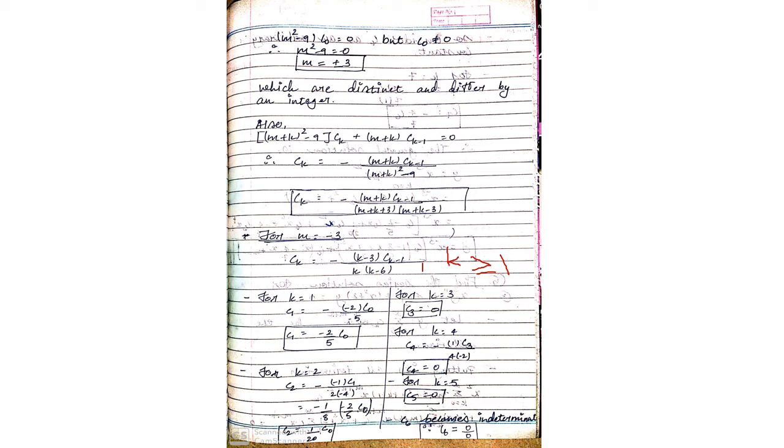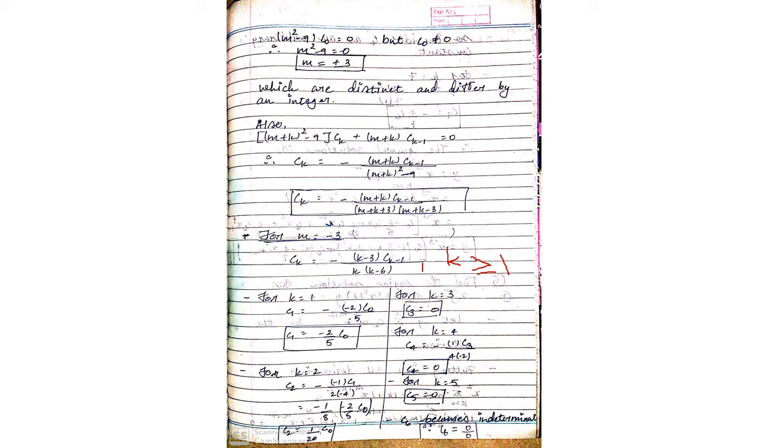Now let's start with k equals 1. So putting k equals 1, c1 equals −2 times c0 upon this −5. Minus minus plus, sorry, this one is positive: 1 − 6 is −5.